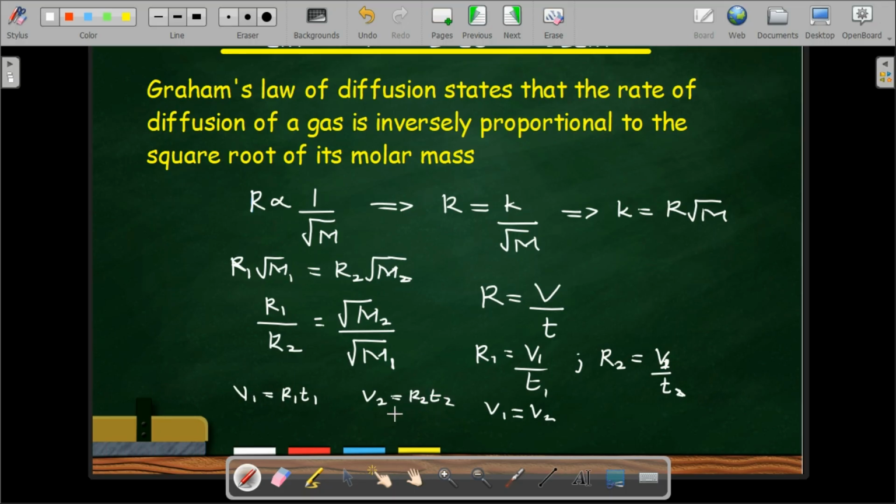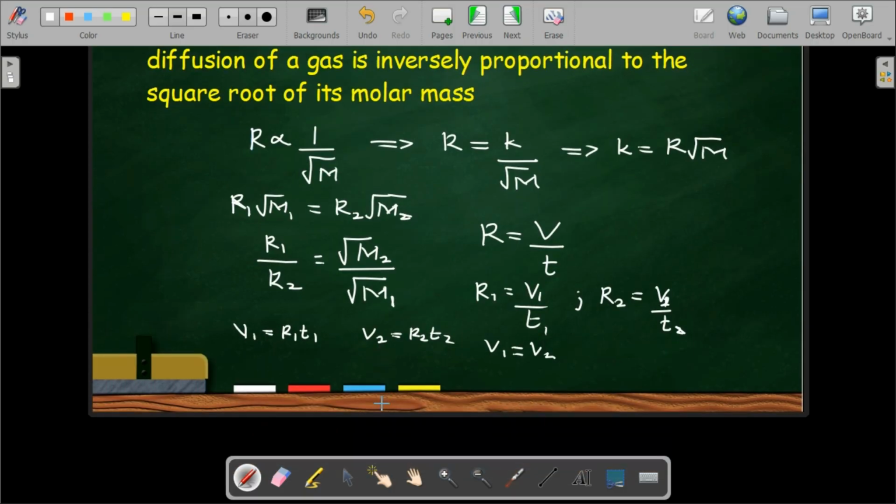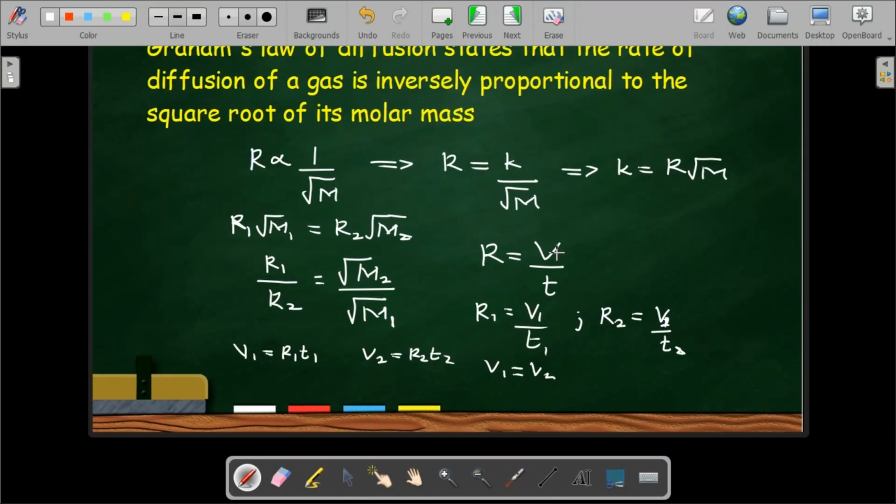So if V1 and V2 are the same, then it's sufficient for us to say that R1 T1 is equal to R2 T2 at that condition.